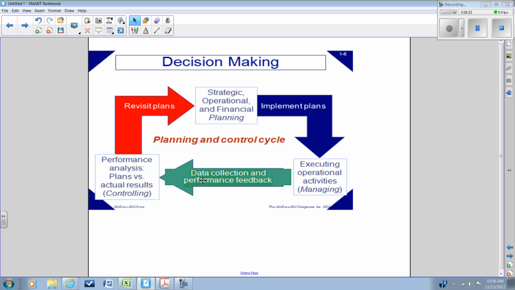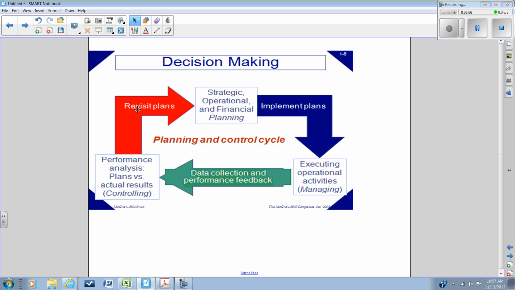So we will collect data, report it to management. There they will analyze it. We will compare it to our planned results, and if our performance does not meet our plan, we need to make changes. We need to activate some decision making, and through this process we will control the operation and the results of the operations.